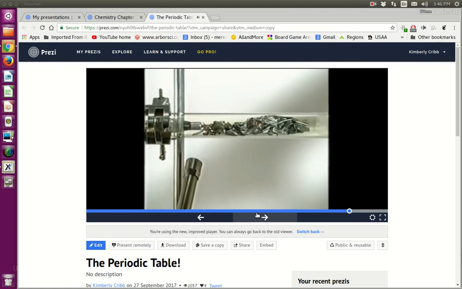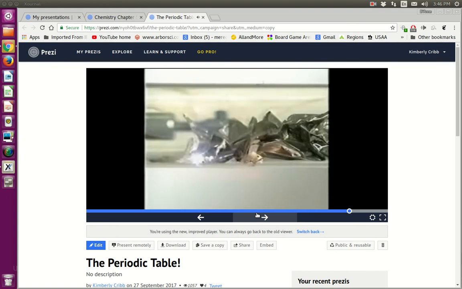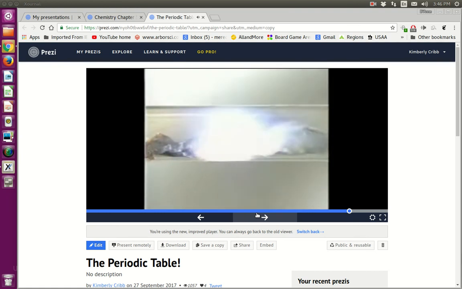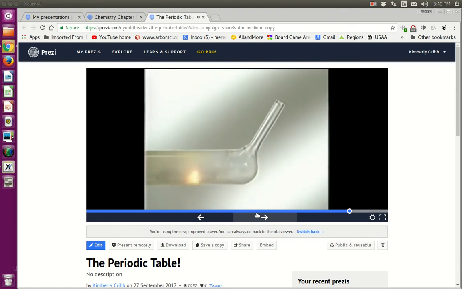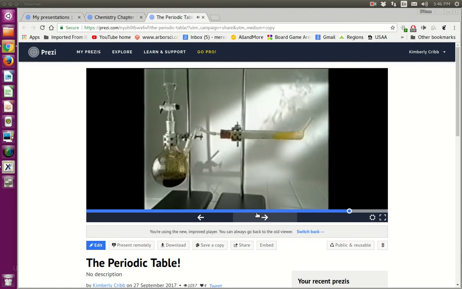Halogens also react with aluminium. Chlorine reacts violently with aluminium foil. It's not long before clouds of aluminium chloride leave the tube.